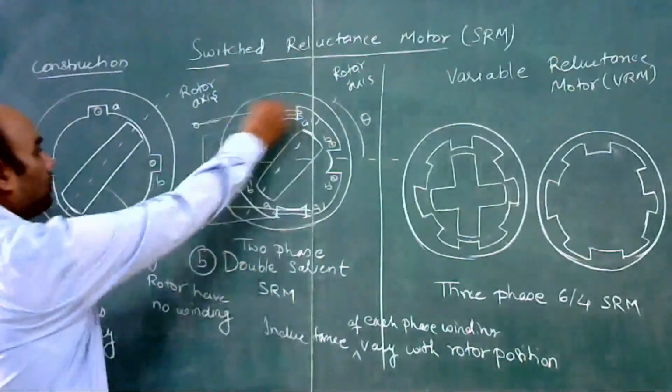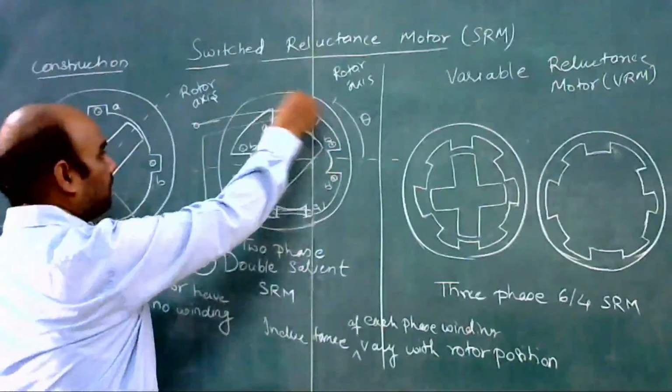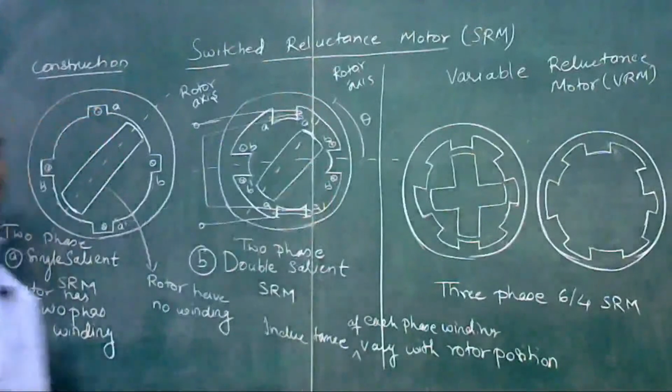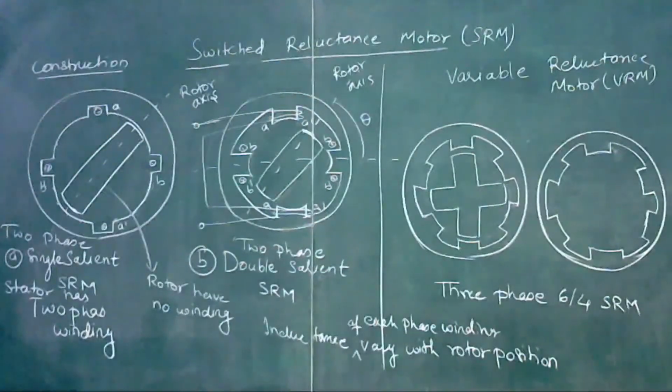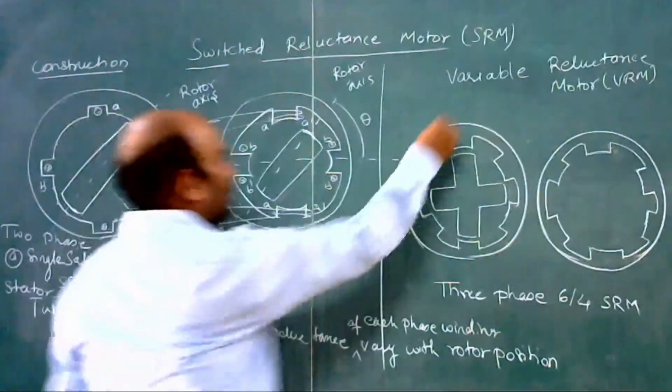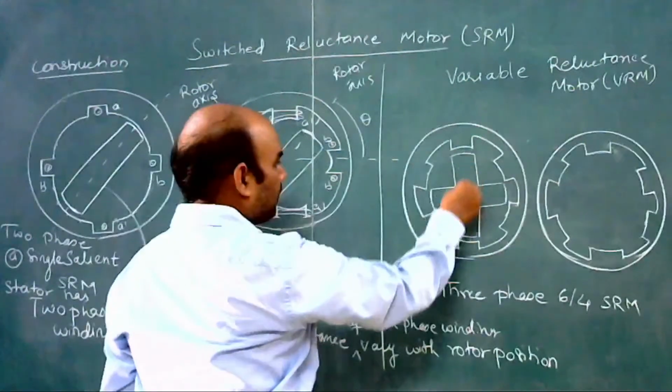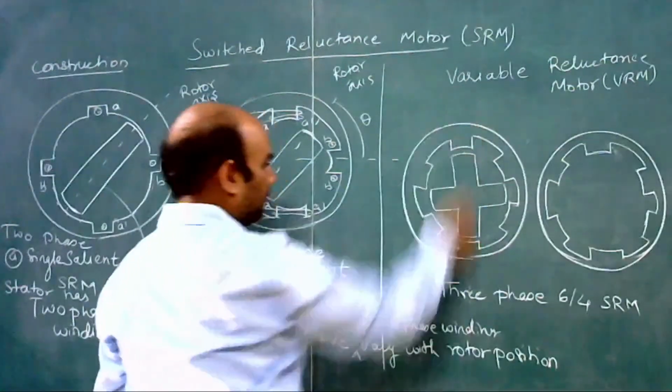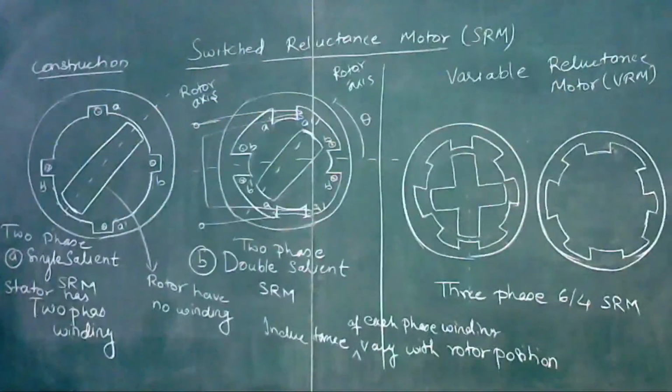So this is for the windings. They will have different inductance, and this will vary with the rotor position. The inductance L will be maximum when the stator field axis coincides with the rotor axis.